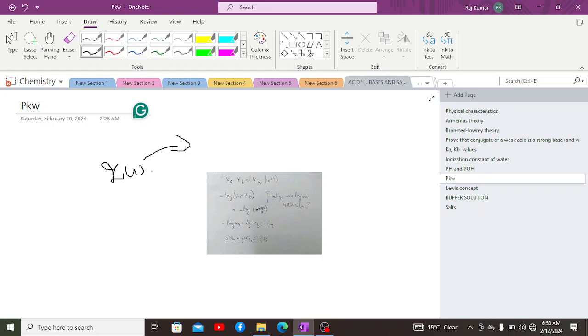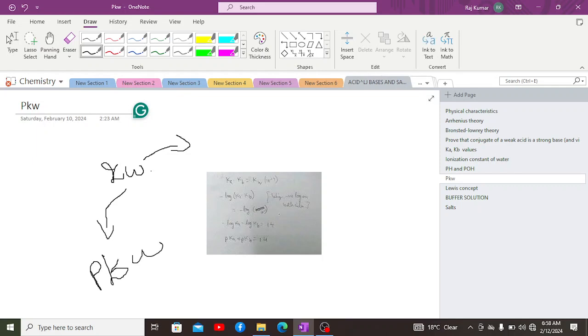This is a very inconvenient value, so in order to convert it into a convenient value, we take the logarithm of it, and that is defined as pKw, where pKw is equal to the negative logarithm of Kw.